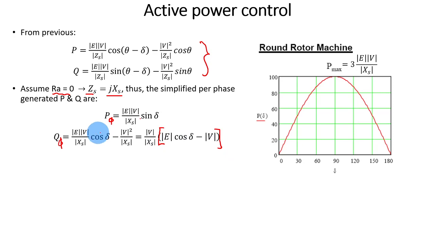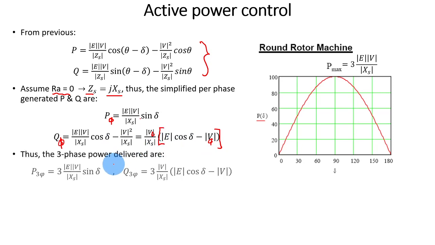So finally, for Q, the reactive power, the relationship between the voltages and the reactance is V divided by the synchronous reactance multiplied by E cosine delta minus the magnitude of the V voltage. Again, this V is a phase voltage, E is the armature generator voltage.